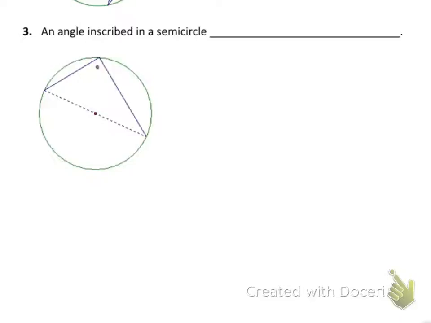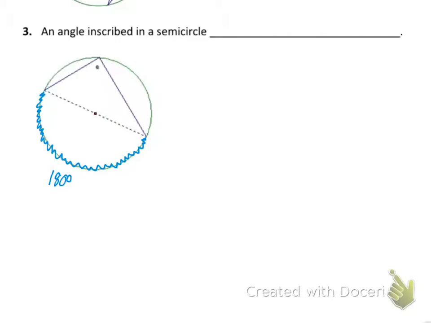An angle inscribed in a semicircle is something. Well, let's look at this. So I have a diameter, right? So an angle inscribed in a semicircle, basically going to our diameter. What is half the degrees of a circle? 180. So this is 180 degrees.